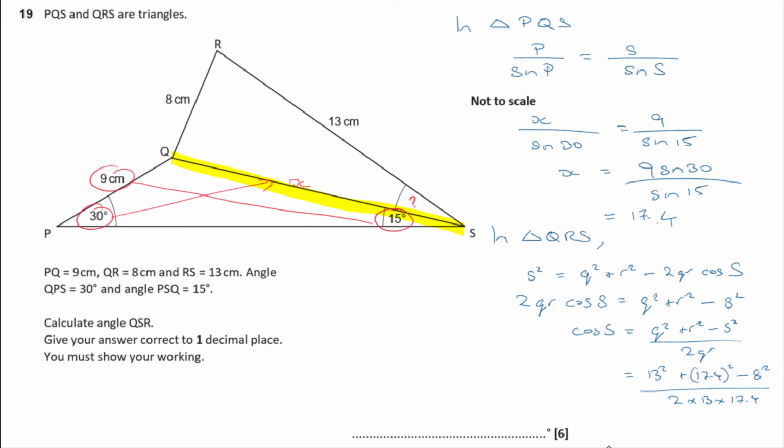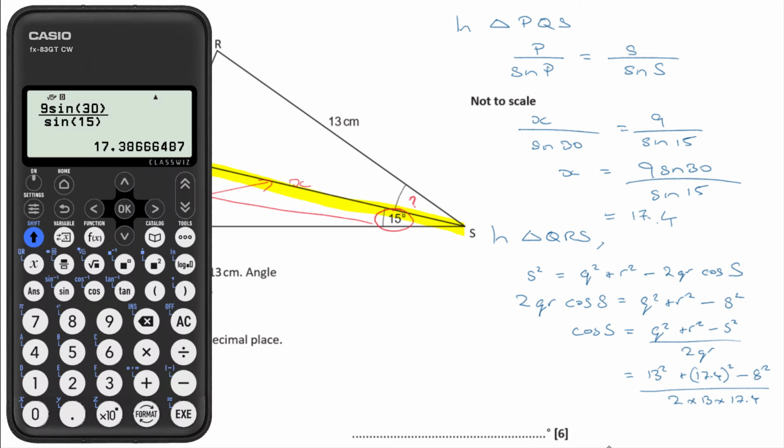I'm going to use the fraction key, just to make it a little bit easier. On the top of the fraction, I'm going to use 13 squared plus answer squared minus 8 squared, and on the bottom I've got 2 times 13 times answer.